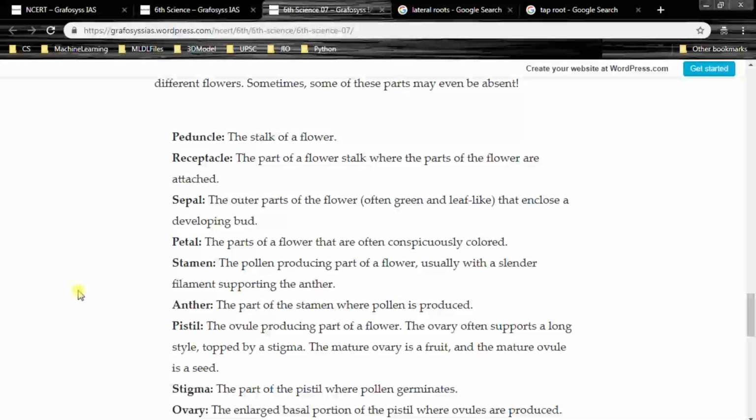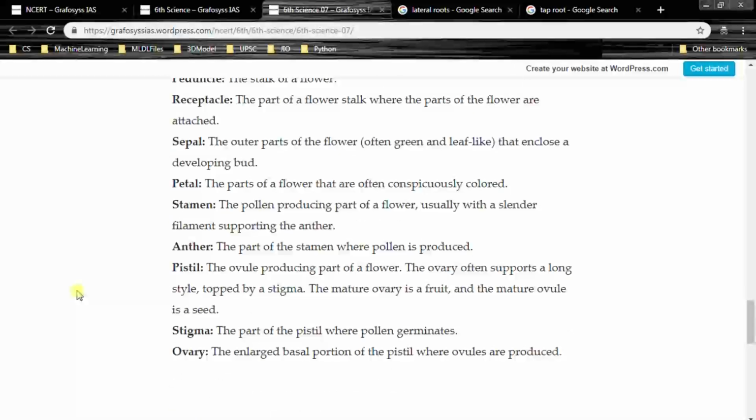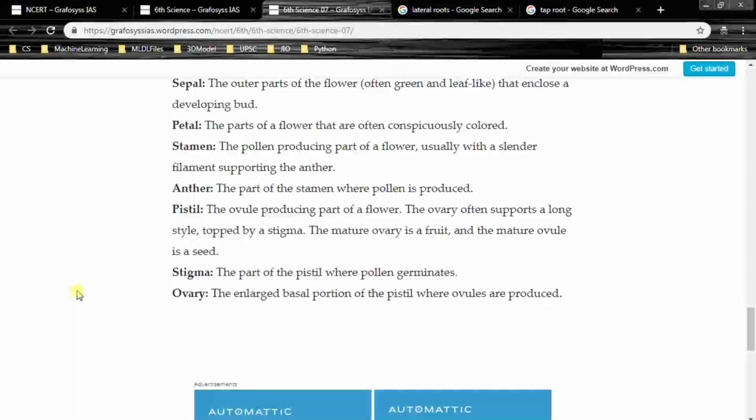And petal, the parts of a flower that are often conspicuously colored. Stamen, the pollen producing part of a flower, usually with a slender filament supporting the anther. Anther, the part of the stamen where pollen is produced. Pistil, the ovule producing part of a flower.